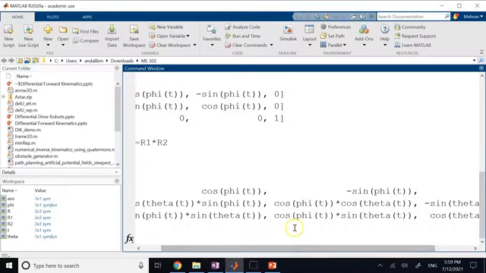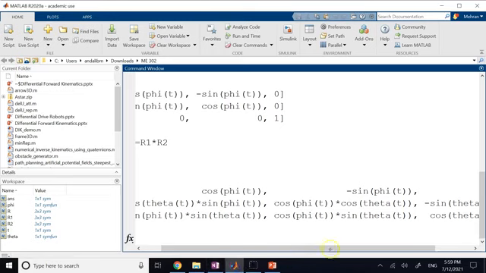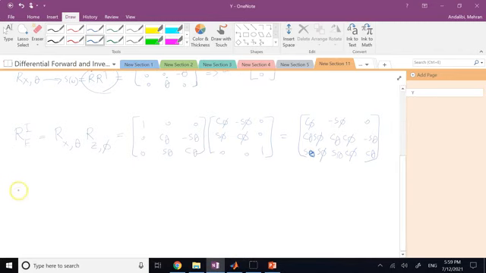Top one is also cosine theta. And finally, you have negative sine theta, cosine theta. Okay, so this is your rotation matrix. And now, as I said, I will say S of omega is equal to R dot R transpose. So I have to take time derivative of this, multiply it by the transpose of this, and then simplify.